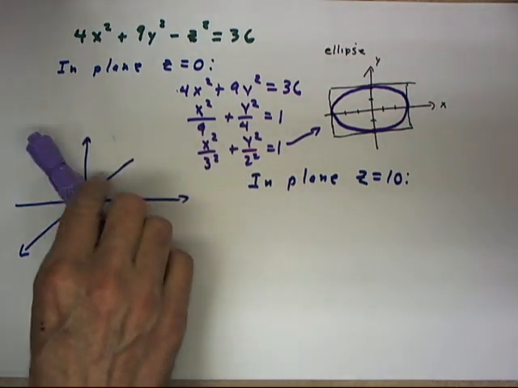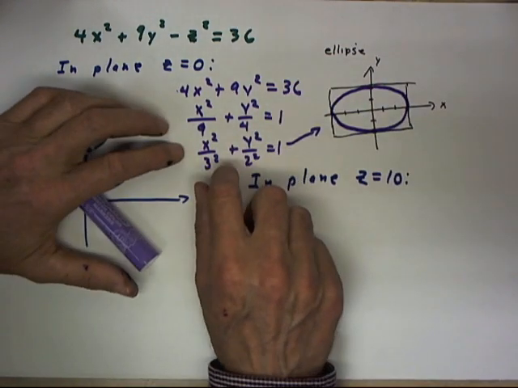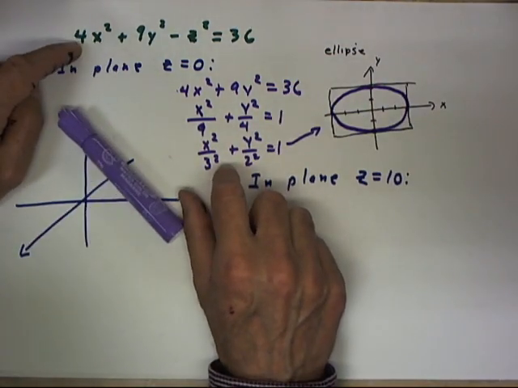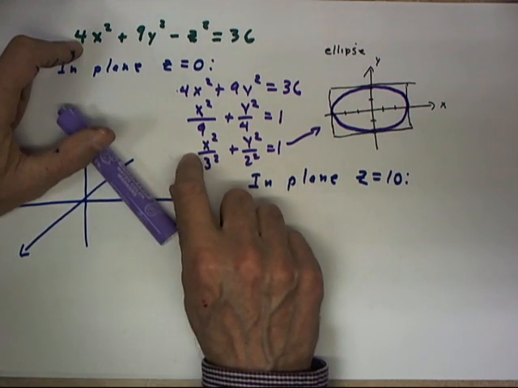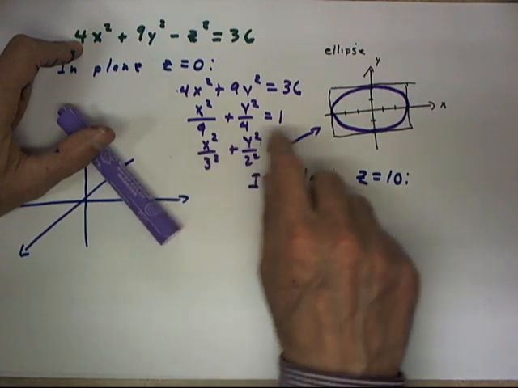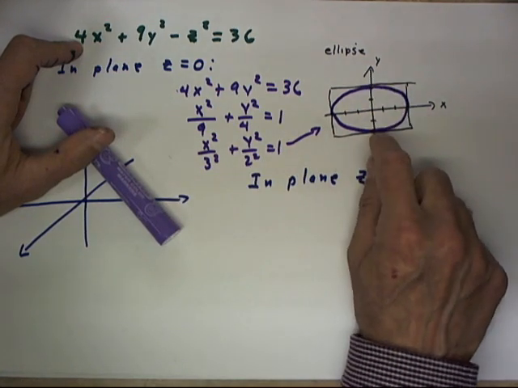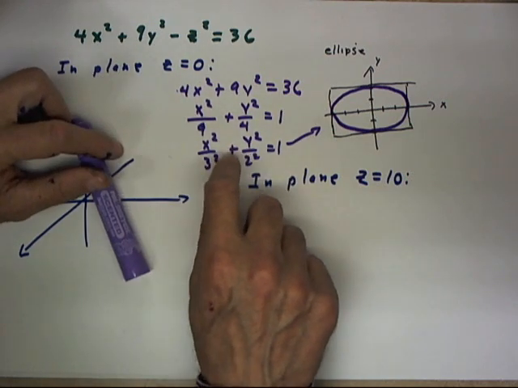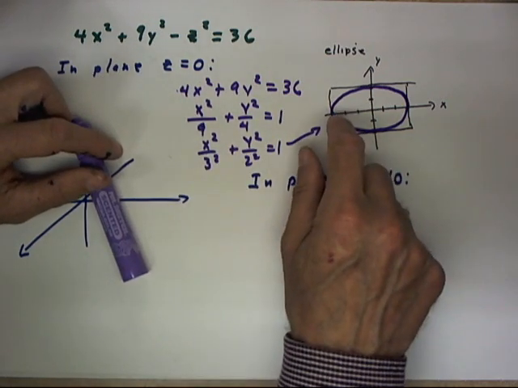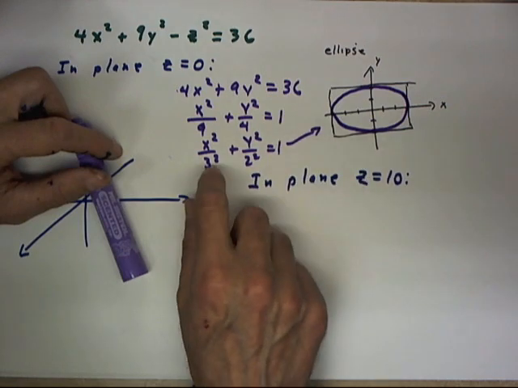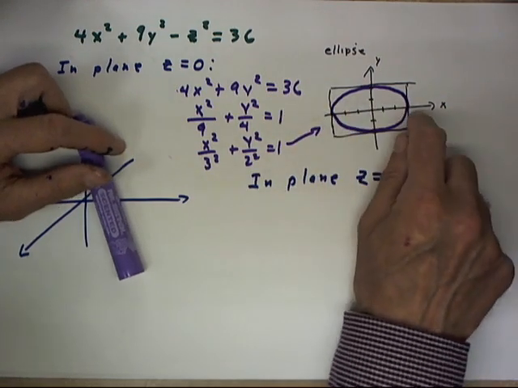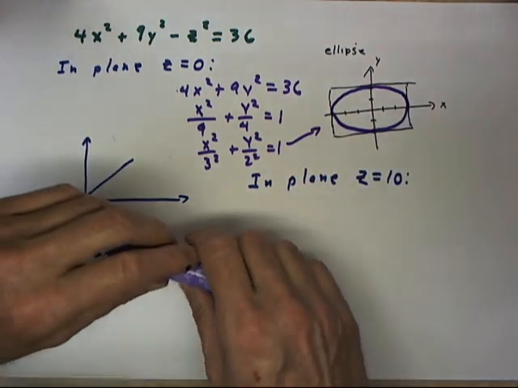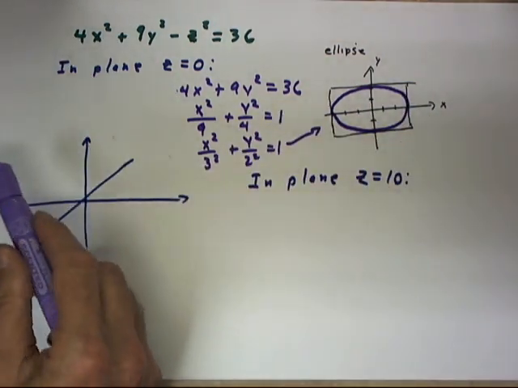And you can tell that we would have a hyperbola, for example, if the 4 was negative, we'd have a negative here. That would dictate a hyperbola with vertices on the y-axis. If the 9 was negative, we'd have the same picture, but the vertices of the hyperbola would be on the x-axis. Be sure you understand everything I just said.